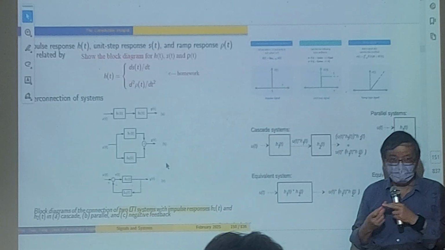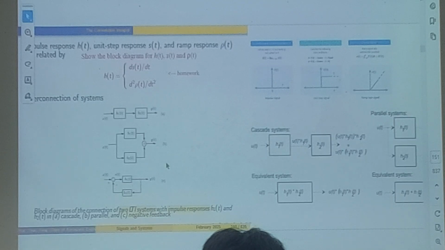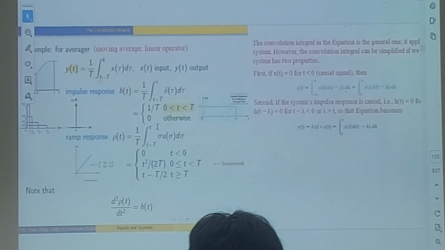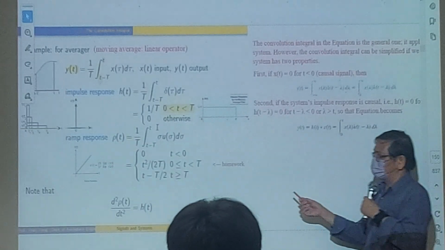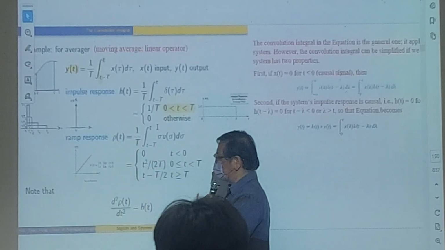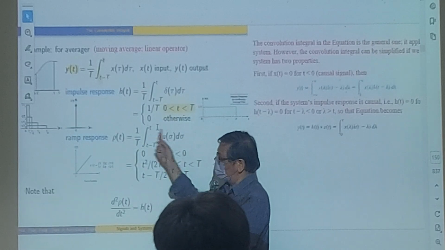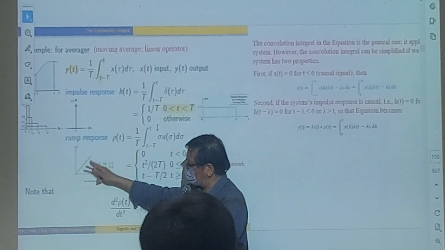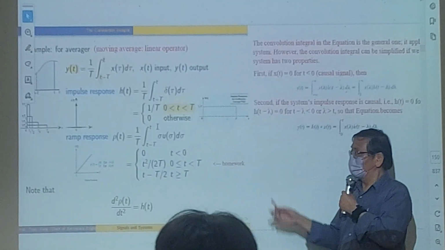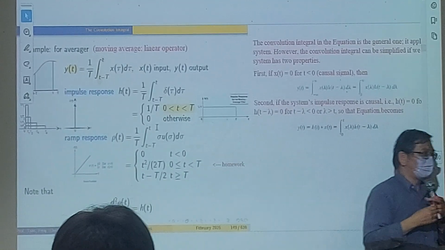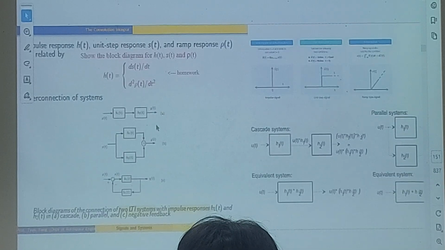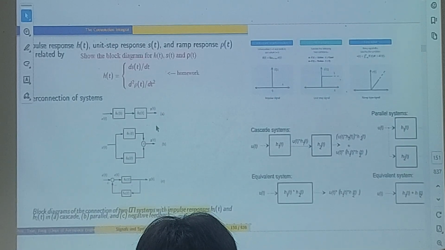Now let me repeat. This is this week's homework. Prove that this is the ramp response. This is the ramp function. And then also find out the step response.